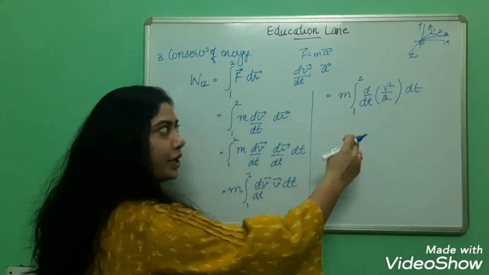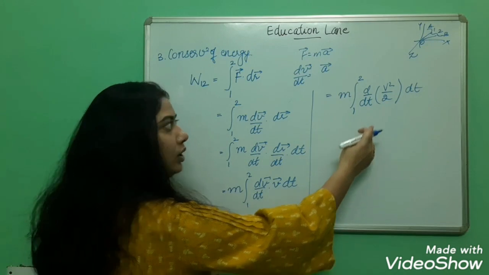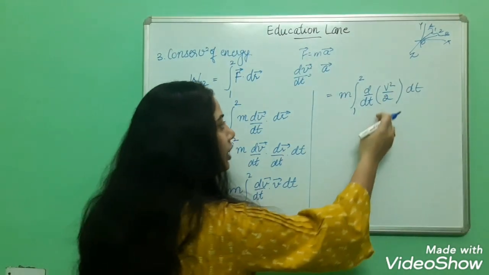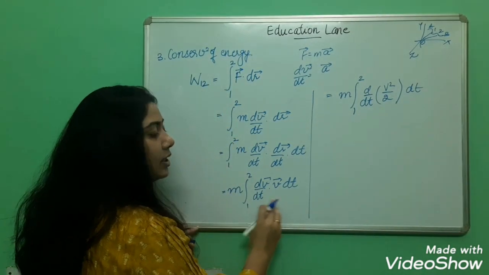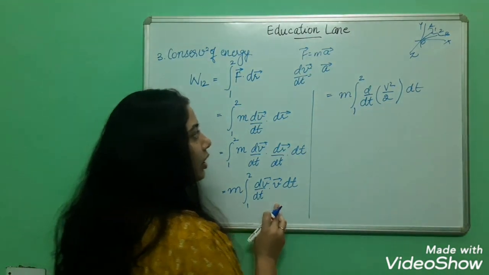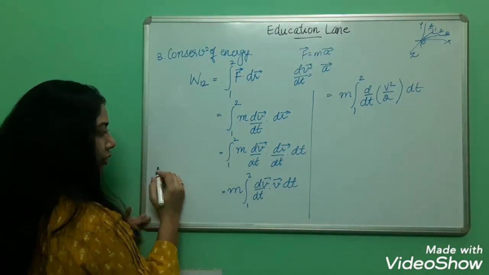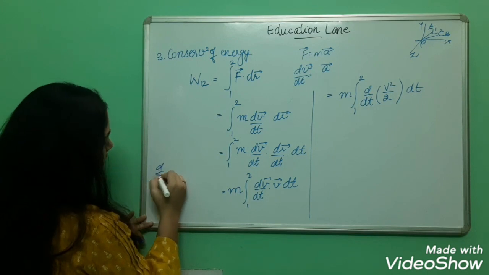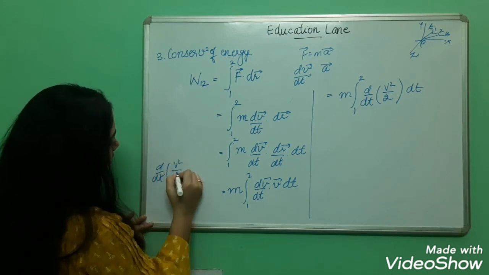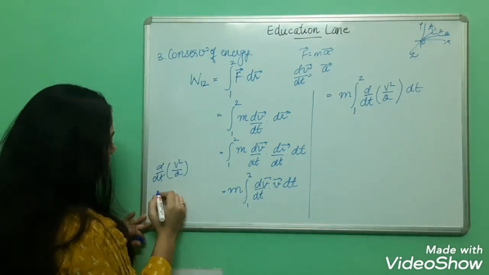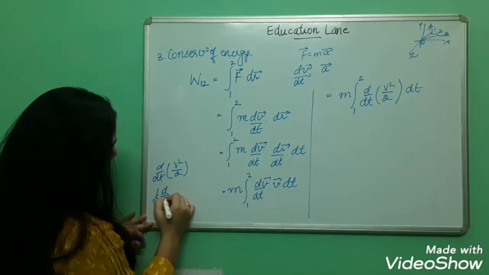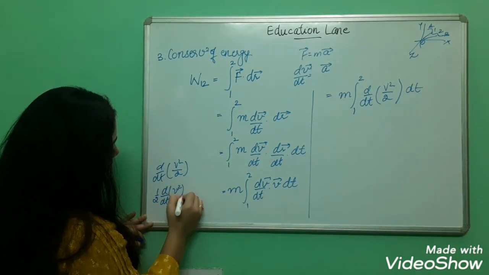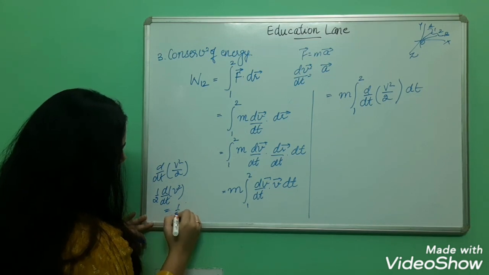If you differentiate v square by 2, v is a vector quantity, with respect to time, you will get the same quantity. You want to see how? Let me tell you. d by dt of v square by 2, take 2 common, d by dt of v square, so this will be half.